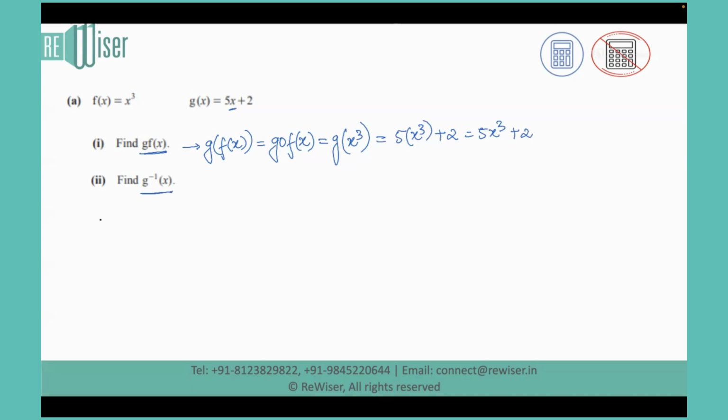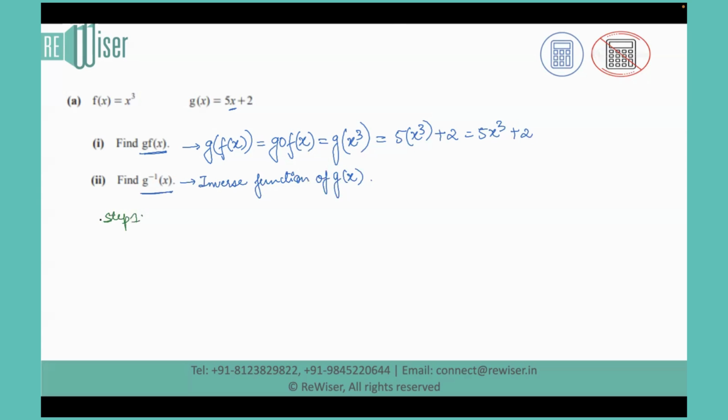It's called the inverse function, and we want to find the inverse function of g(x), which means that we are going to first write its steps, how we are going to find the inverse of g(x).